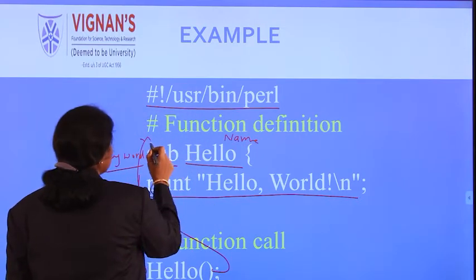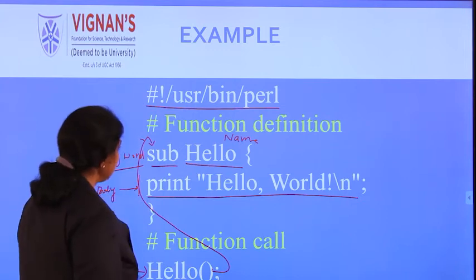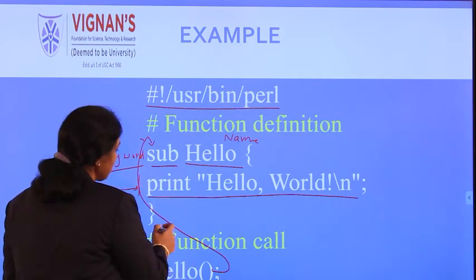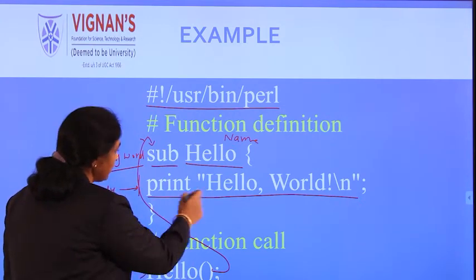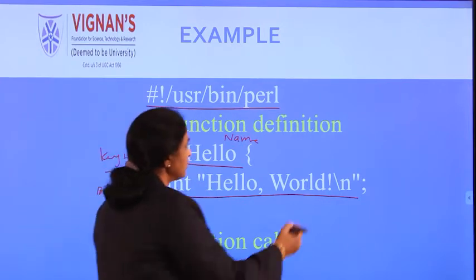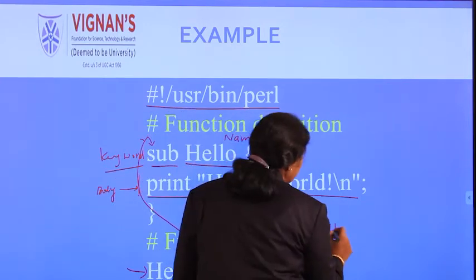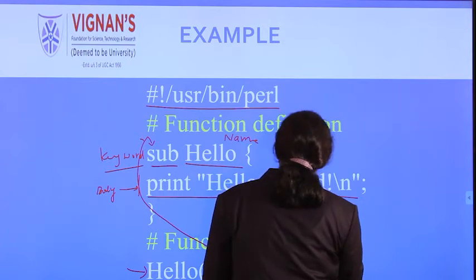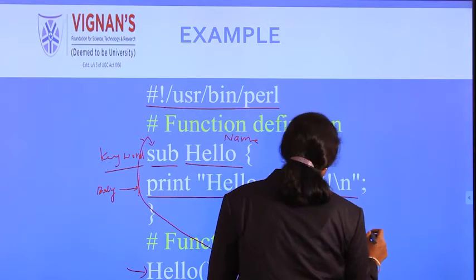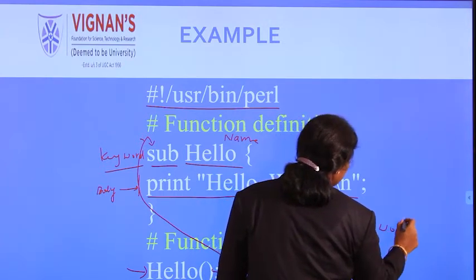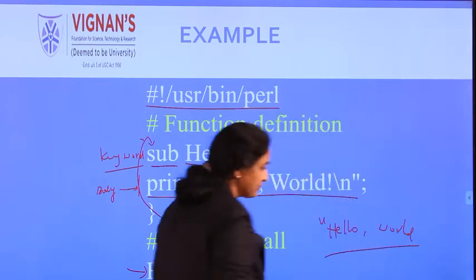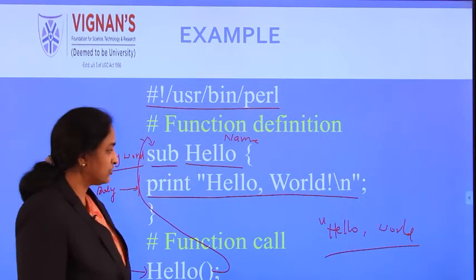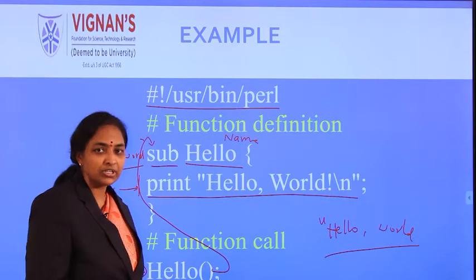In the body of the definition, you simply have to print hello world. So after execution, you are going to get hello world. This is the statement you observe after execution. This is the way this function works.